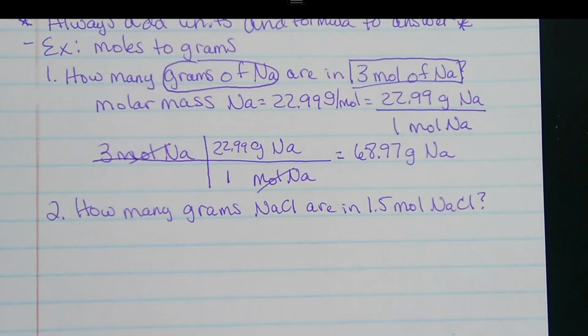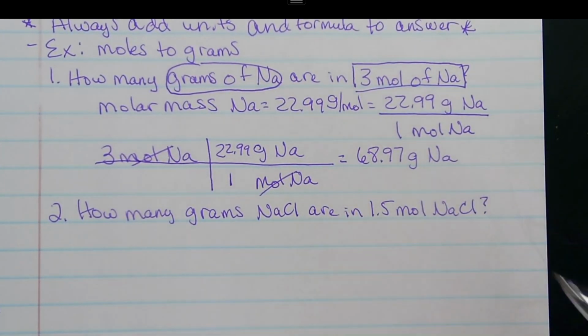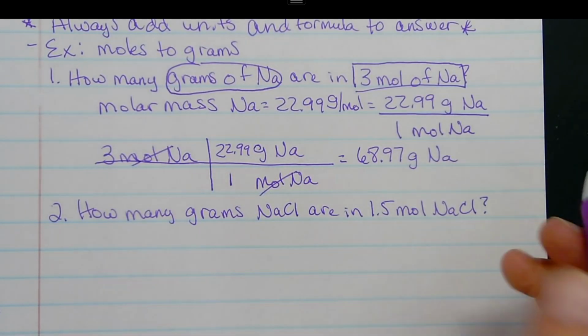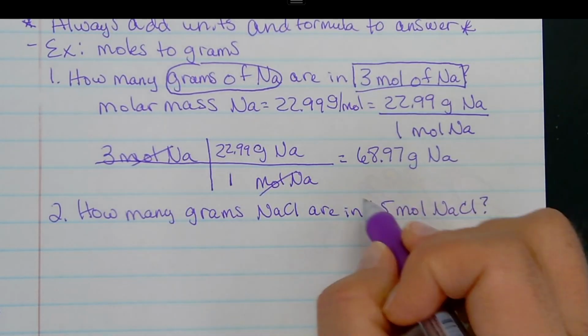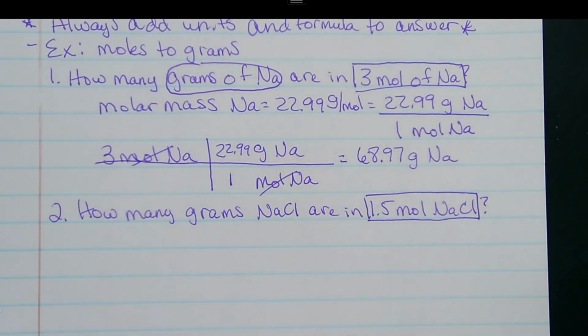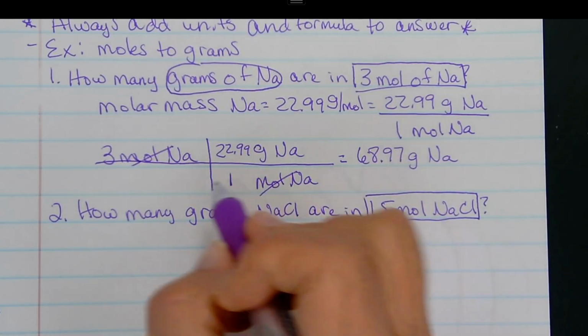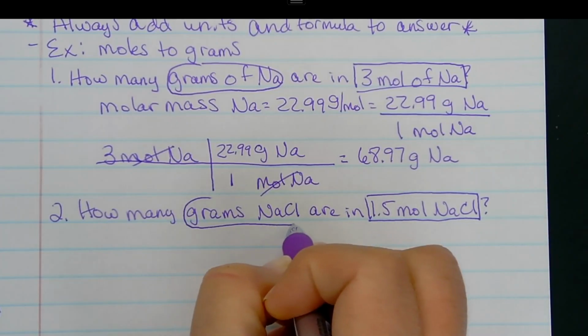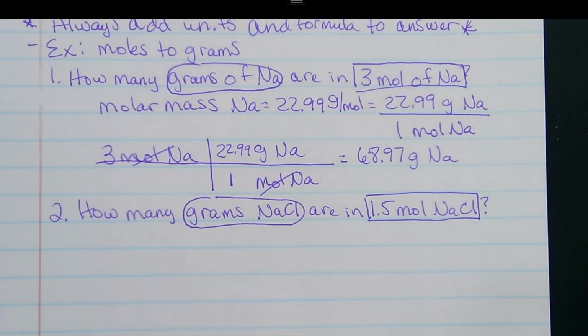All right. So I'm going to go ahead and box my given. What's my given in this question? 1.5. So we're going to box that. Moles. Notice I'm boxing the whole thing, right? What does it want me to figure out? What is my want here? What does it want us to know? Grams of sodium chloride. I'm going to circle that whole thing, okay?